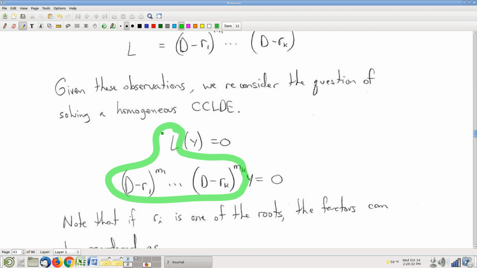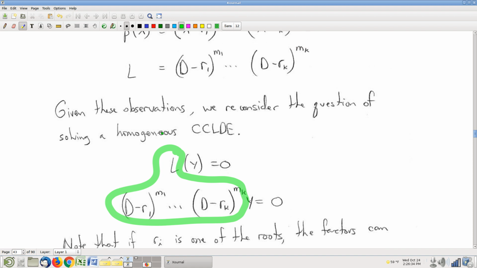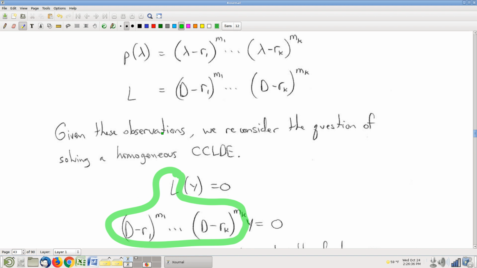L is P of D, which factors. This is a new idea. We could not have talked about this in Chapter 4. This L is not just a shorthand for this process of various derivatives you take. L is an algebraic object that can be broken down into linear factors like this, all of which commute.